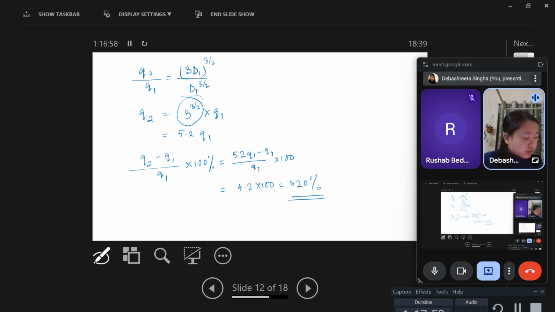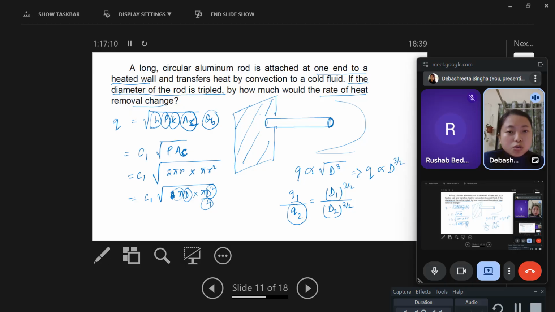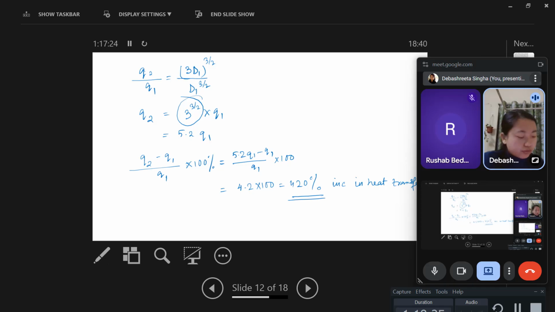So there is a 420% increase in heat transfer rate. How much would the rate of heat removal change? It is around 420%. So just by tripling the diameter of this rod, you can increase the heat removal rate by around 420%. So this was a simple question. You got it right?